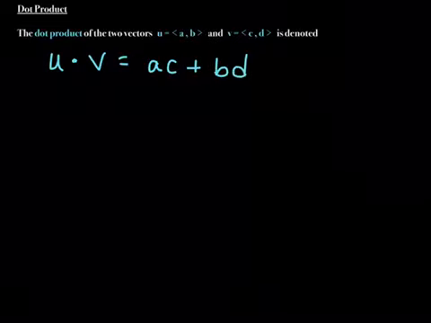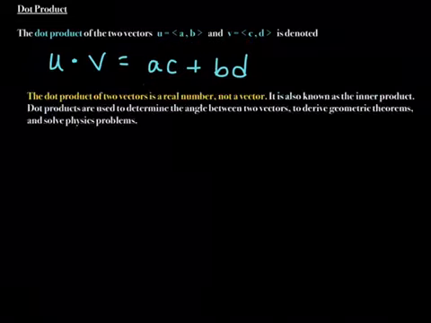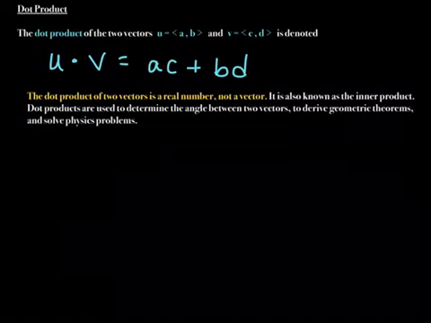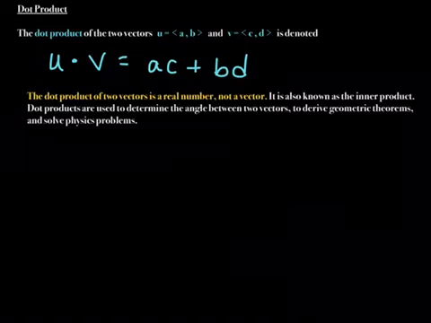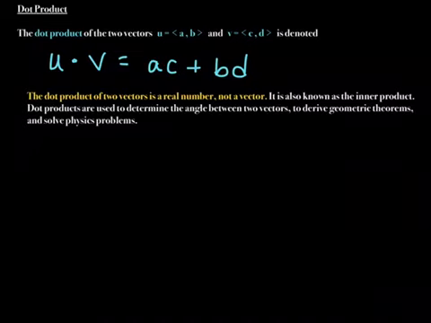It's basically the sum of the products of the horizontal components and the vertical components. What's really important is that you and I understand that the dot product of two vectors is not a vector. It's actually just a real number. Sometimes it's called the inner product, and the main thing that you and I will use it for in our class is to find the angle between two vectors.